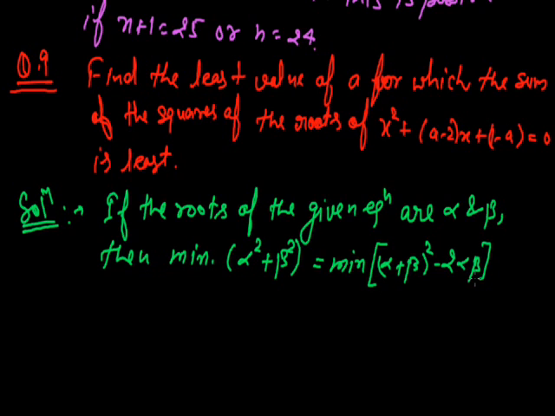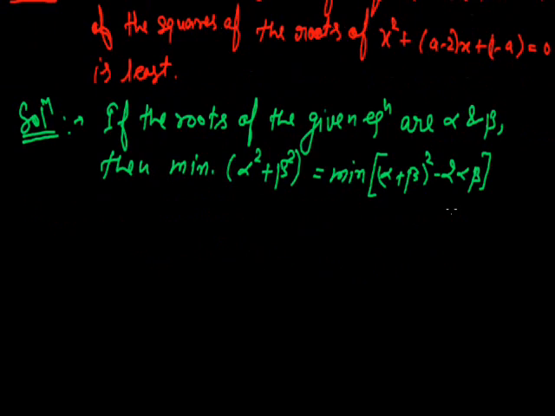As we know, the sum of the roots, alpha plus beta, may be given as minus b upon a, that means minus coefficient of x upon coefficient of x square, and alpha beta, the product of the roots, may be given as c upon a. So ultimately we have to find the minimum of a minus 2 whole square minus 2 times 1 minus a.